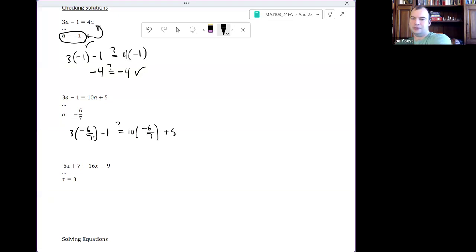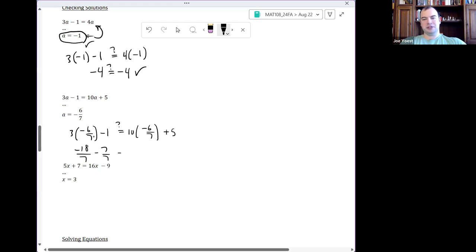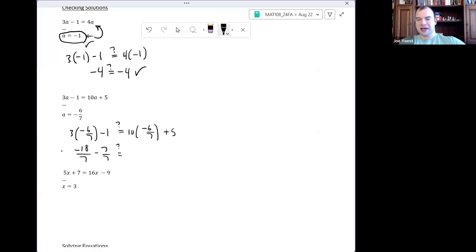So is this true? Well, if I put everything in terms of sevenths, I get 3 times -6 is -18 over 7 minus 7/7. Is that equal to, I got rid of my extra space so you can see everything, and now I need it back. Is that equal to -60 over 7 plus 35 over 7?